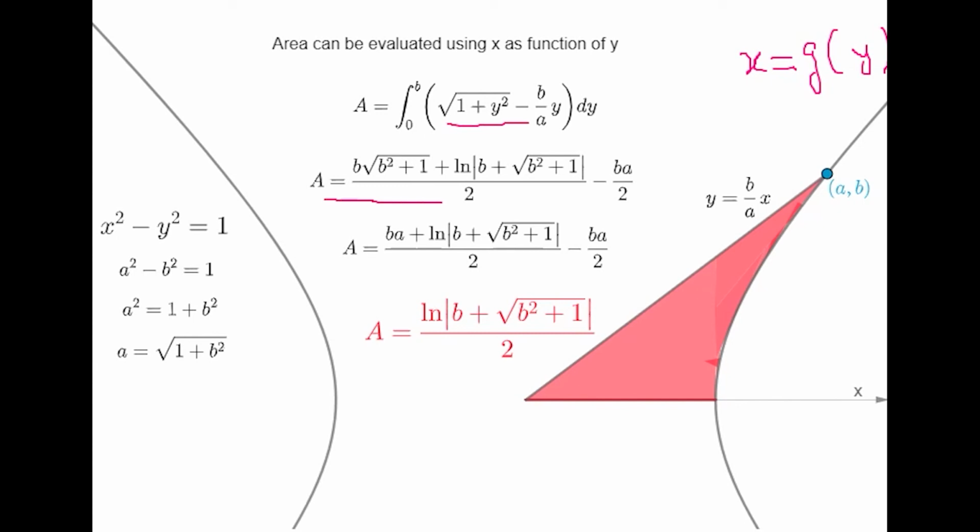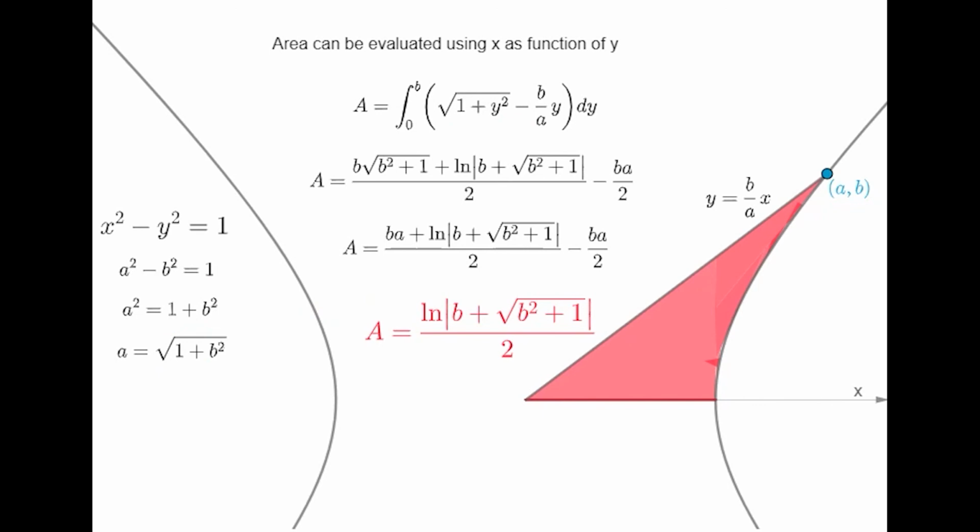Evaluate this area, it gets equal to this, and as point (a, b) lies on hyperbola, it must satisfy its equation. So from there we get a is equal to square root of 1 plus b squared. Substituting this in area expression, we get this final expression for the area.